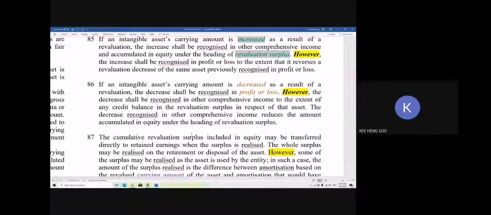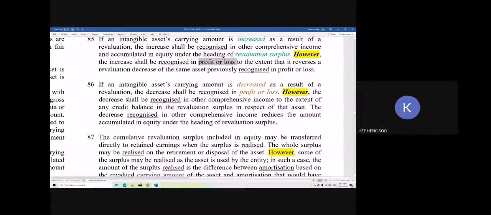When there's a decrease, recognized in P&L because of the prudence concept. However, the increase shall be credited to SPL. Use a pencil to jot down: shall be credited in SPL as income. The standard is not clear, so you must write.